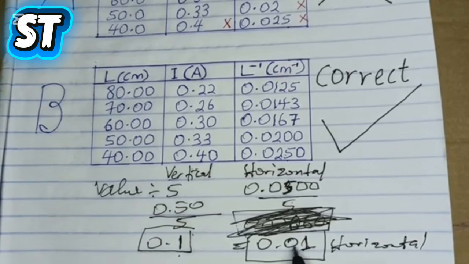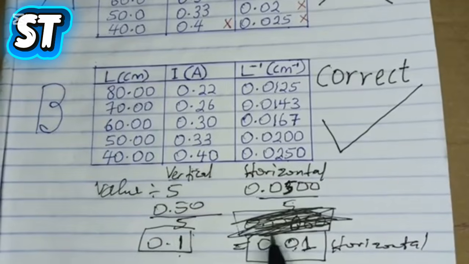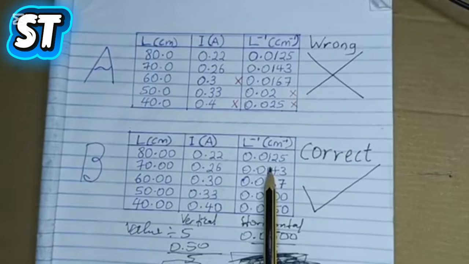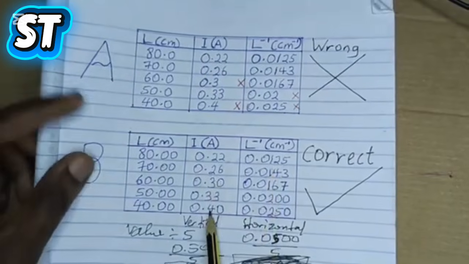So let's now get the graph and see how we can plot this. After scaling the graph, the 7th step is plotting of the graph, that is allocating values to the vertical and also to the horizontal. Now, using our table as an example, we will plot this as the vertical and this as the horizontal.